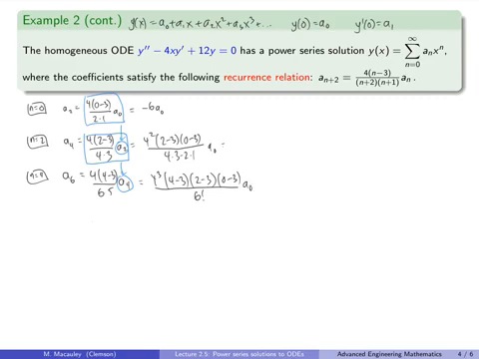Now, I could multiply these out, and if I do, this becomes 2 a naught, and this becomes 4 fifteenths a naught, but I think it's better to just see the pattern like this.